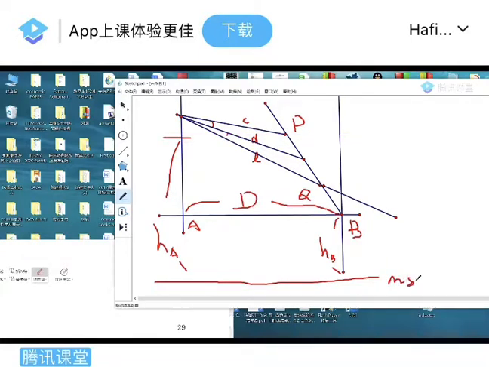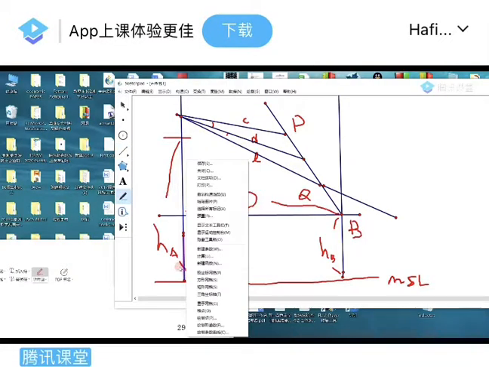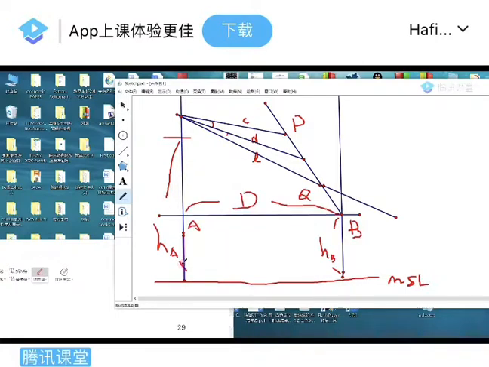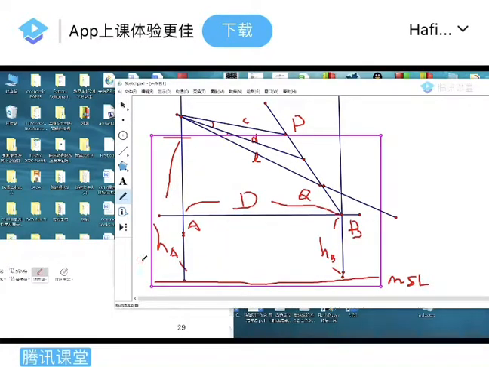I think you might have to make it slightly longer. Okay, and this is the height, HA, over here. So this is HA. All right. It's hard to make it perfect. That's the best I can draw for the moment.